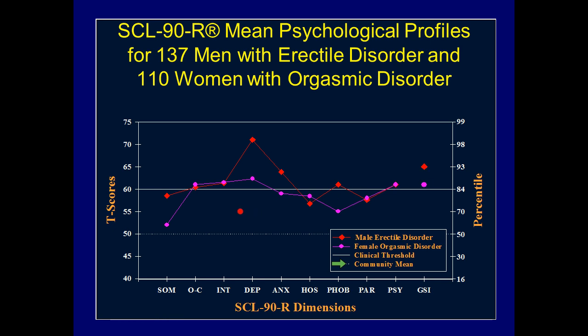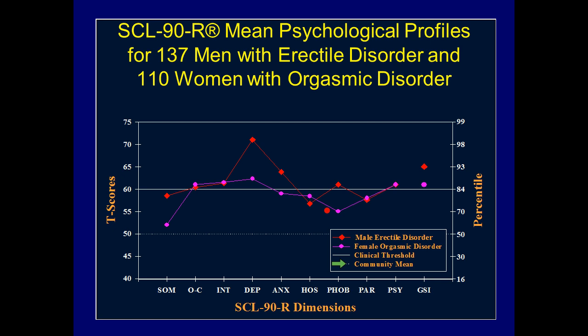Now, the women do not have any dramatic elevations, although their whole profile is elevated a full standard deviation, as is their global score. But nonetheless, if this were an individual instead of a group, you get a sense of the most pressing areas of distress and the possible areas of diagnosis.